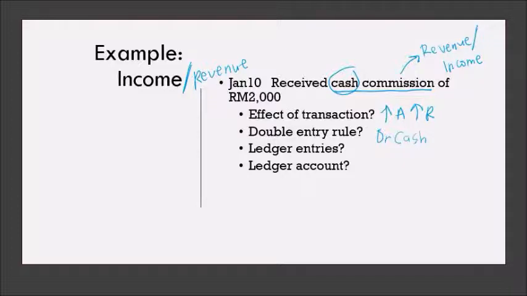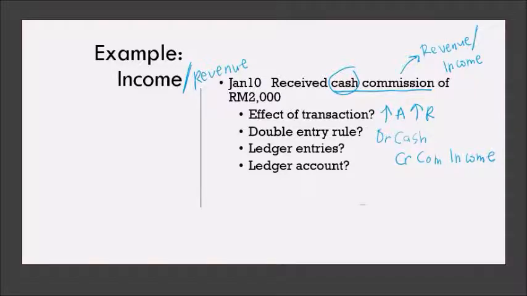Revenue increases in the right side, which is the credit. So you record credit as commission income. Okay, so this is what you record in the double entry.